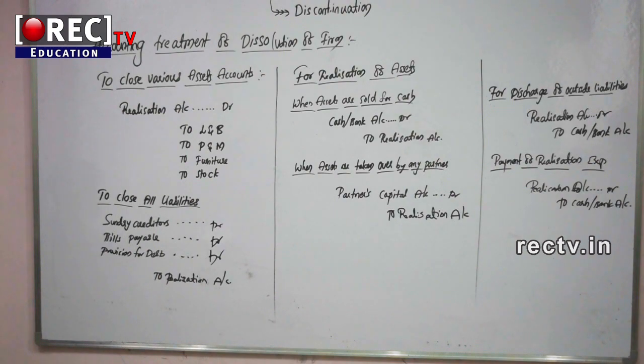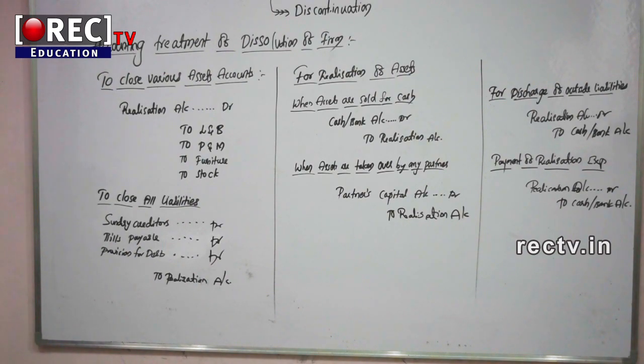Now when you come to the liabilities, all the liabilities also you should transfer to the realization account on the debit side at their book values. So what is the entry? Sundry creditors account debit, bills payable account debit, outstanding expenses account debit, bank loan account debit, provision for bad debts account debit, provision for depreciation account debit, and lastly you should credit the realization account.